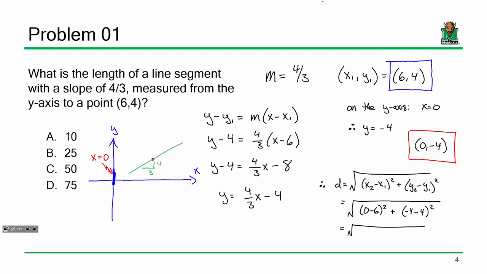So this is the square root of (minus 6) squared plus (minus 8) squared, which is the square root of 36 plus 64, which is the square root of 100, which is 10. And there's your answer. Pretty straightforward, right?